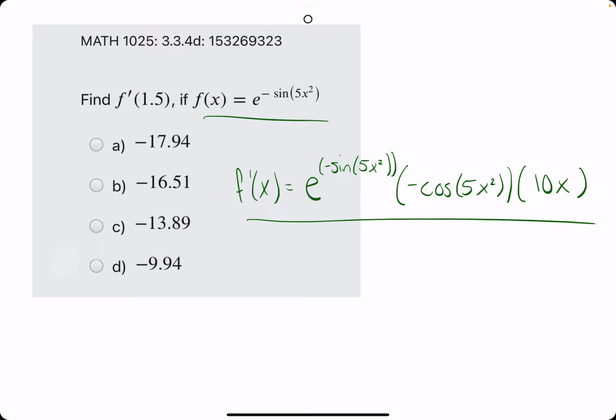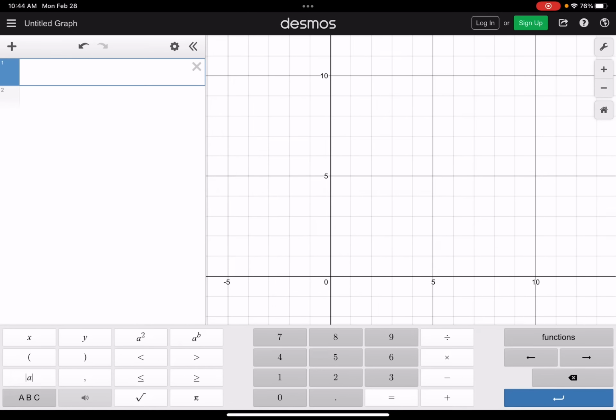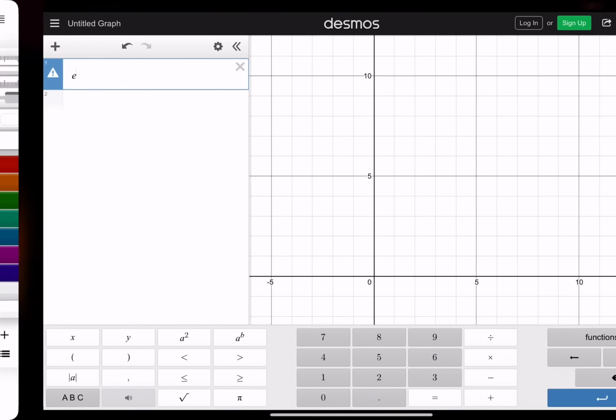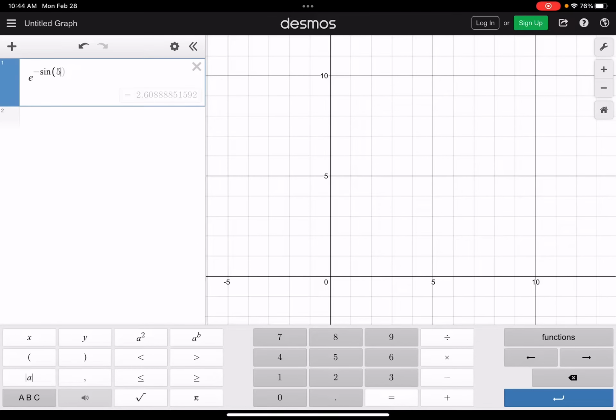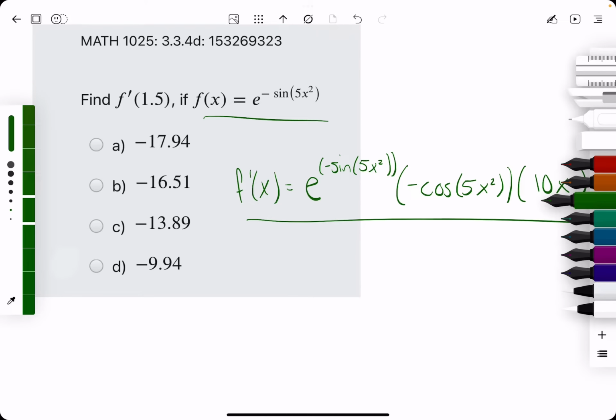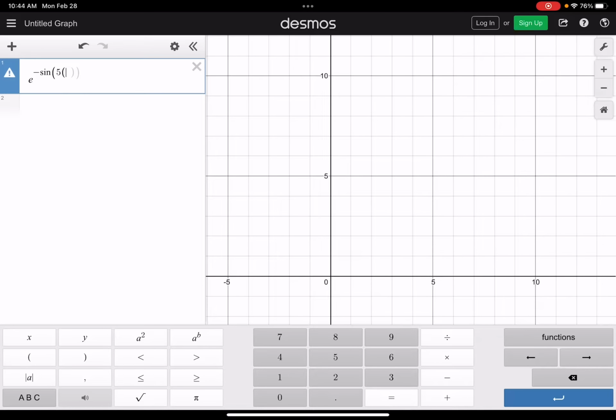Then we want to plug in 1.5 to this. So we'll do e raised to the negative sine of 5x squared. So 5 times the x value we're plugging in, 1.5, squared. Close that off.